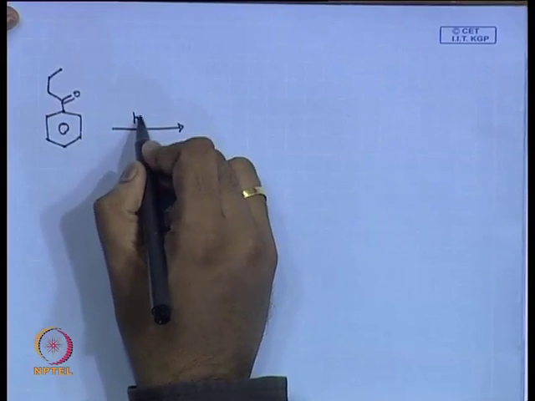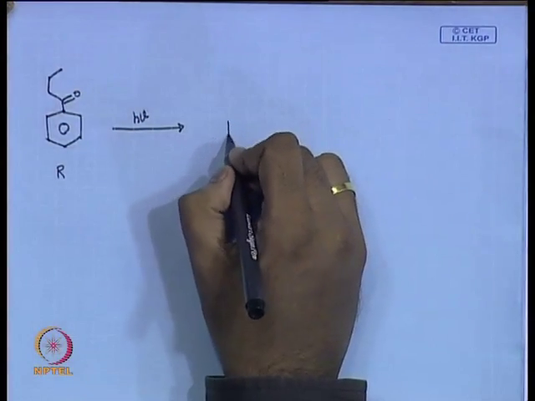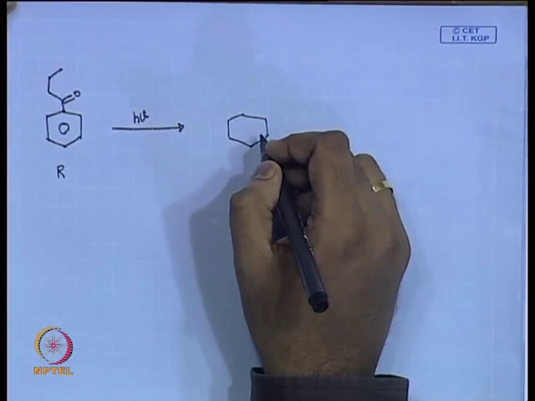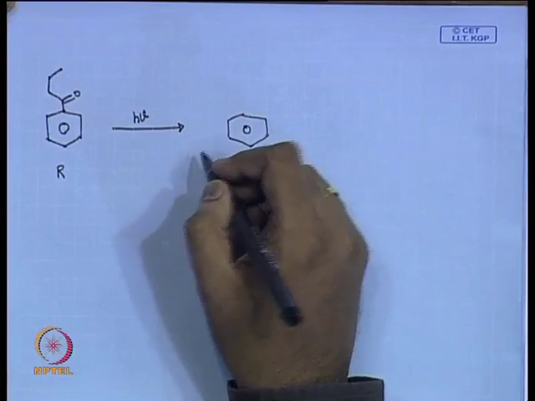So, how I write? I say that h nu, this is my R. I am doing a sort of n pi star transition because I am shining a light of 310 nanometer. So, my carbonyl gets excited. Okay.